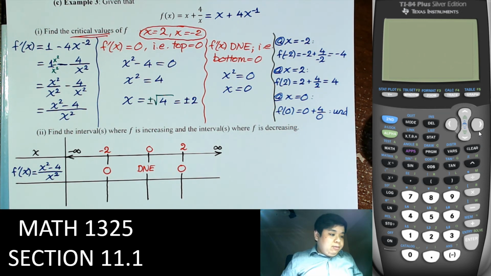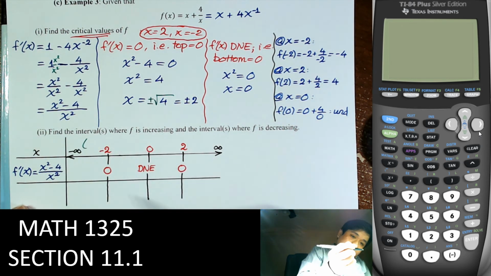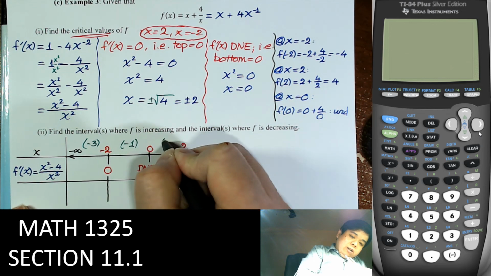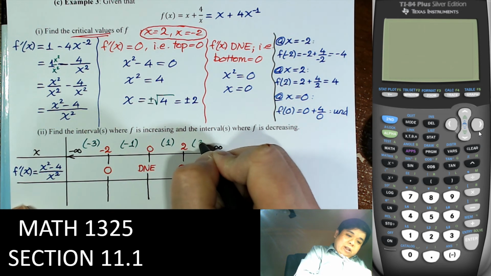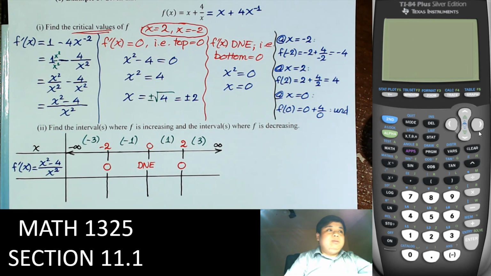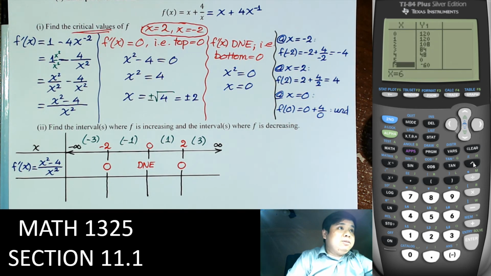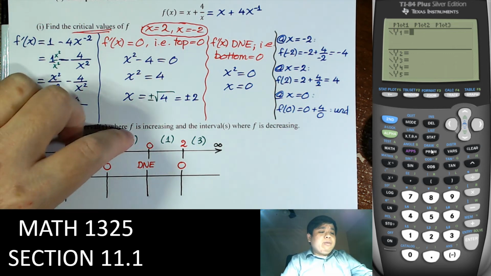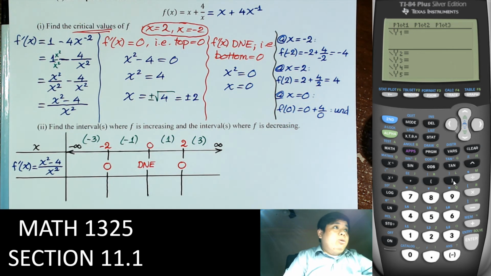Alright, now the sign chart. Negative 3, negative 1, 1, and 3. So, have those points and just put in the derivative.